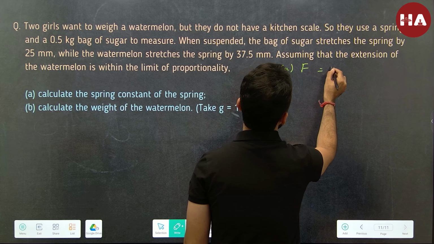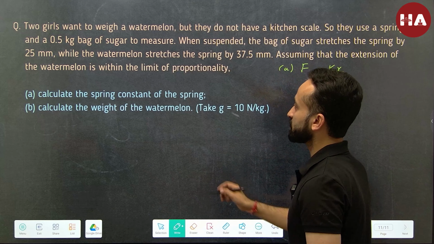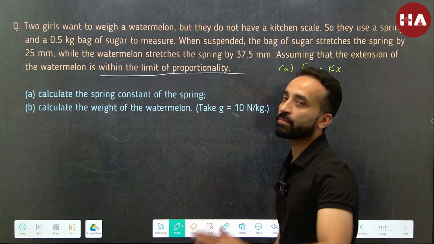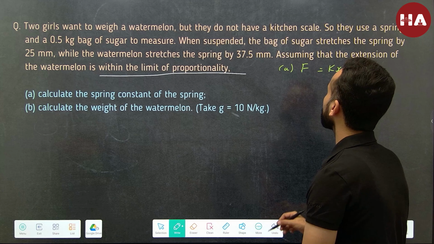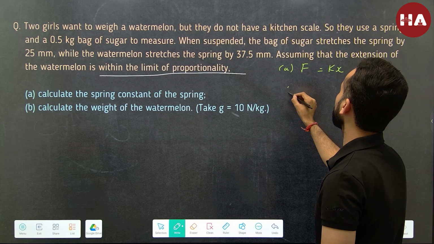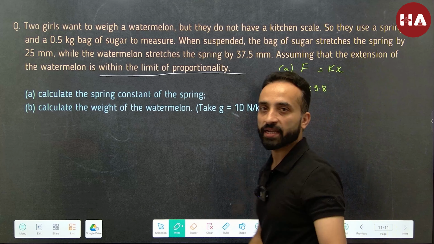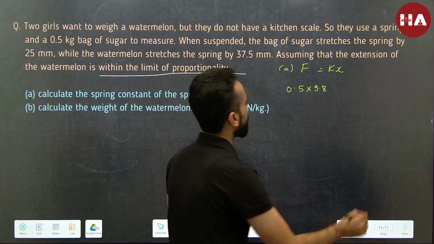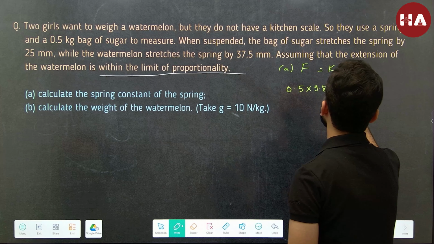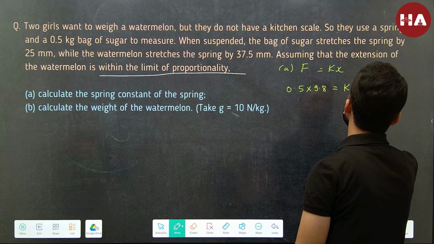We'll apply F equals Kx, that is what we know now. And since this is written, it is within the limit of proportionality, isn't it? So F, since it is a 0.5 kg sugar bag, is going to be 0.5 times 9.8, because the weight is mg, right? And the stiffness constant is what we have to find out, and the sugar bag stretches it by 25 millimeter.